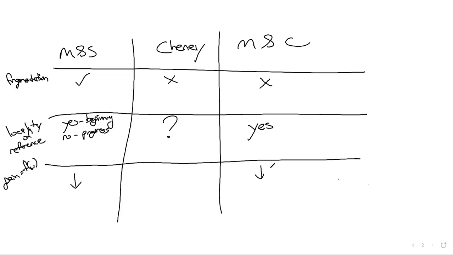But in Cheney, we are only touching the live data objects. We are not touching anything that's not alive, anything that's garbage. So here it's actually in line, and the more work we put in, the more the gain is actually pretty good. But this should be a question mark as well, because you could put in a lot of work and not gain anything.